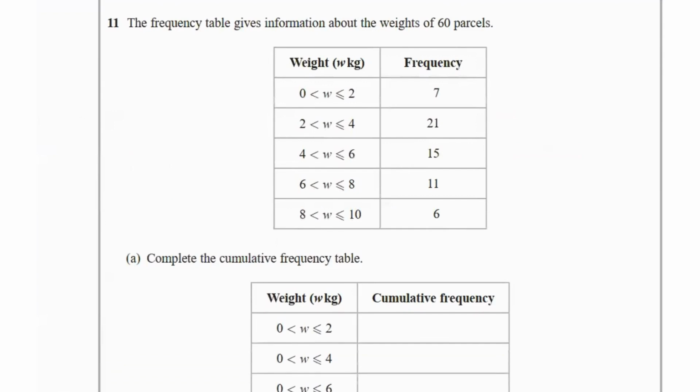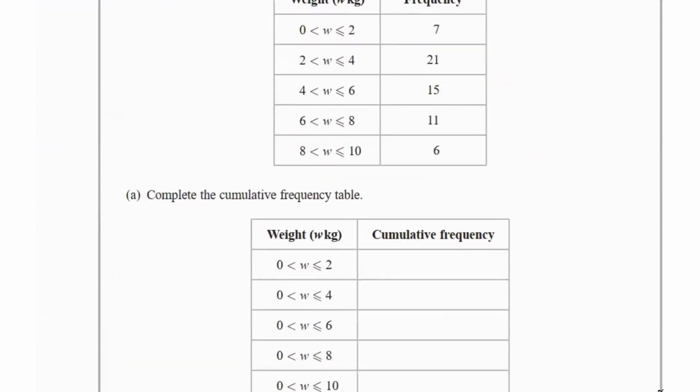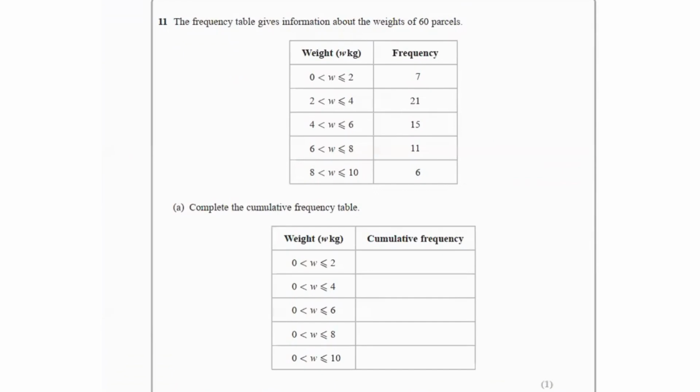Question 11 says the frequency table gives information about the weights of 60 parcels, and we have to complete the cumulative frequency table. When we're trying to find the cumulative frequency, what we do is add the consecutive frequency values to each other. We start from the first value. 7 will be 7, but next would be 7 plus 21, which is 28.